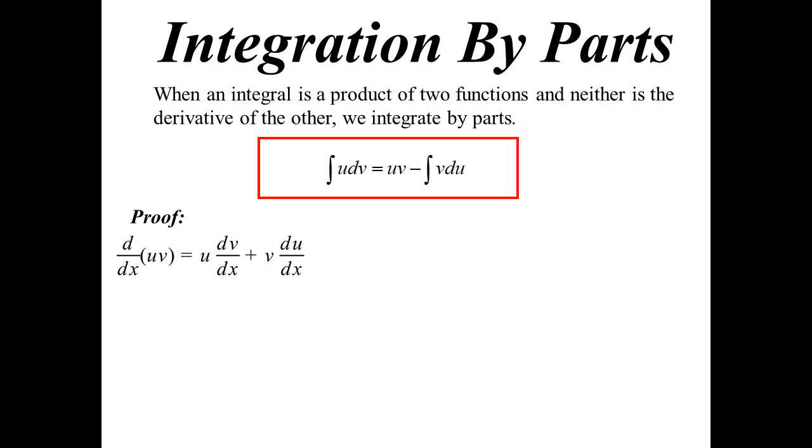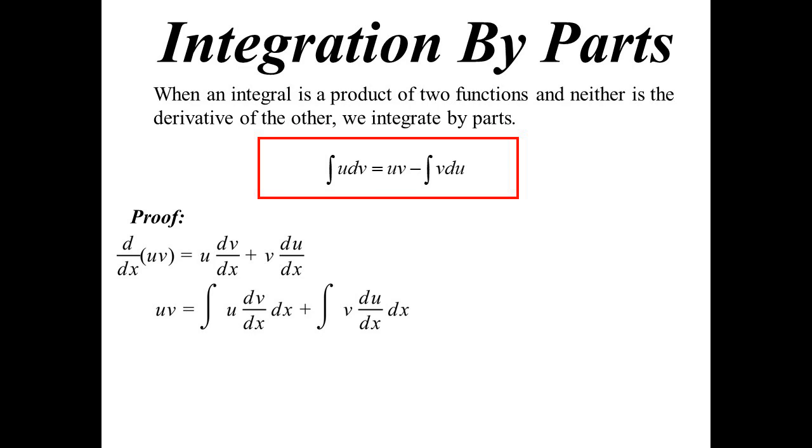So let's write the product rule down in this horrible form that I hate. So d/dx of uv would be u times dv/dx plus v times du/dx. Okay. So we know that to be true. Well, if I was to integrate everything with respect to x, on the left hand side we now just have uv, but on the right hand side we have this interesting expression.